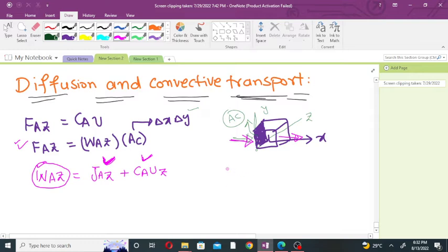I am writing here, suppose this is a system, and suppose there are two components.